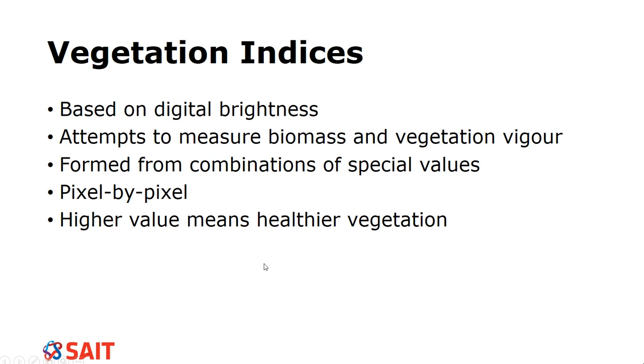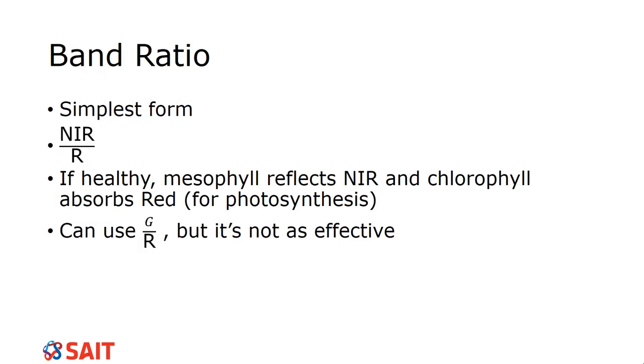All of these indices go back to the idea that if the index result is high, then it means it has healthy vegetation. If it's low, it has unhealthy vegetation. The first one is a band ratio. This is the simplest thing that you can do. You can say, I want to look at one band versus the other.